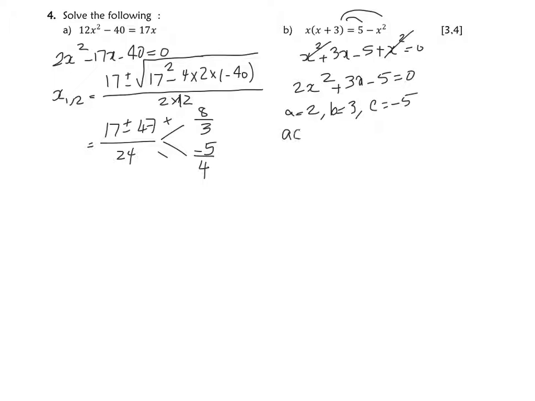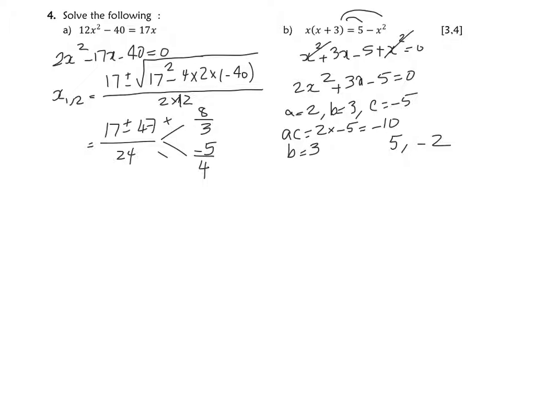So AC is 2 times negative 5, which is negative 10, and B is 3. Find two numbers whose product is negative 10 and whose sum is 3. Those two numbers are going to be 5 and negative 2. Because 5 times negative 2 is negative 10, and 5 plus negative 2 is 3.